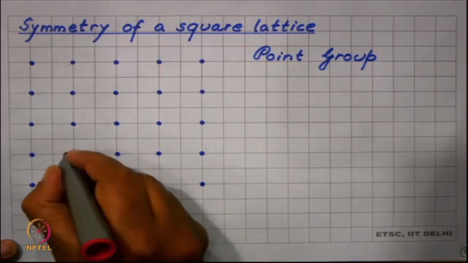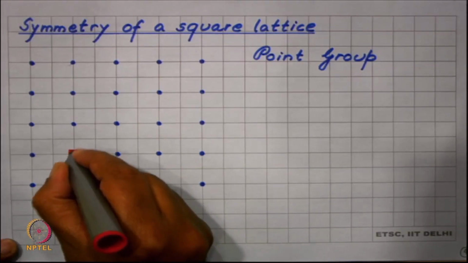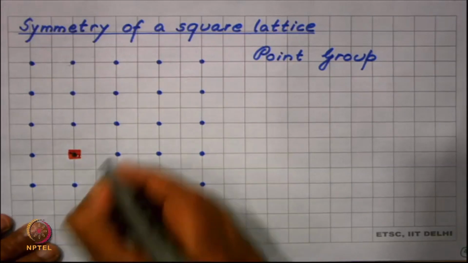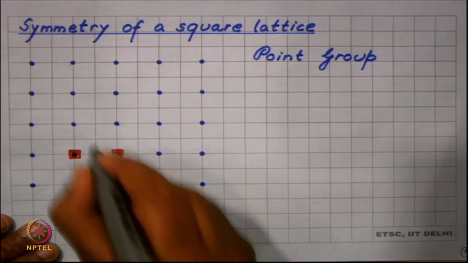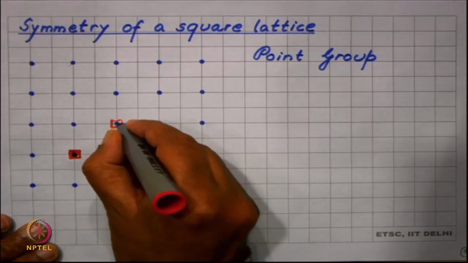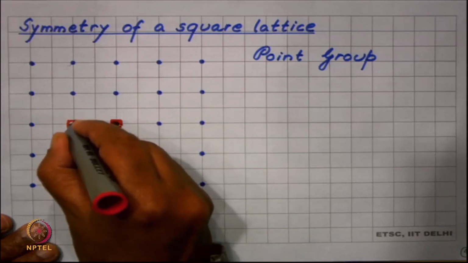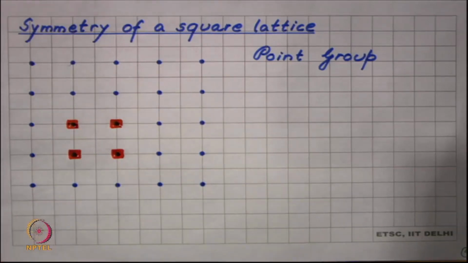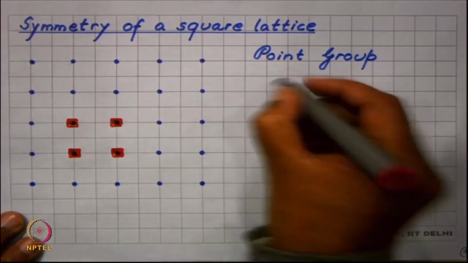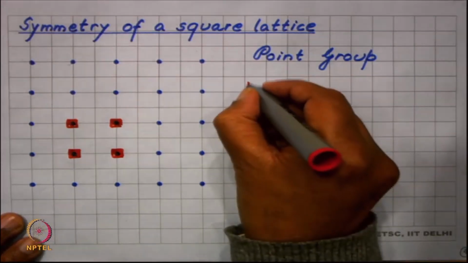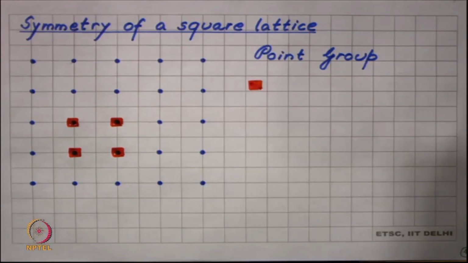So, a fourfold axis passes through each lattice point, and since all lattice points are equivalent, this passes through every lattice point. I am drawing a little square, which we had said is a symbol for a fourfold axis. So, we have a fourfold axis through the lattice point.